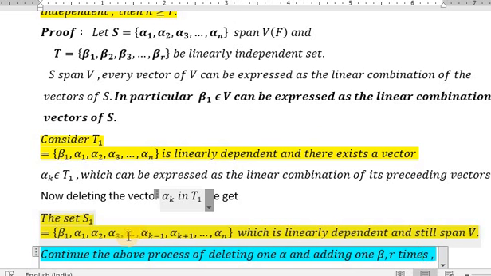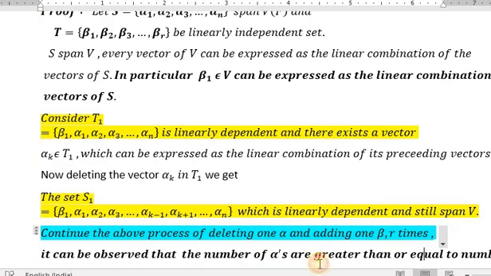So alpha k is not present in S1. Then the next elements alpha k minus 1, alpha k plus 1, and so on up to alpha n, which is linearly dependent and still spans V. And let us continue the process of deleting alphas and adding betas r times. That is, continue the above process of deleting one alpha and adding one beta r times.